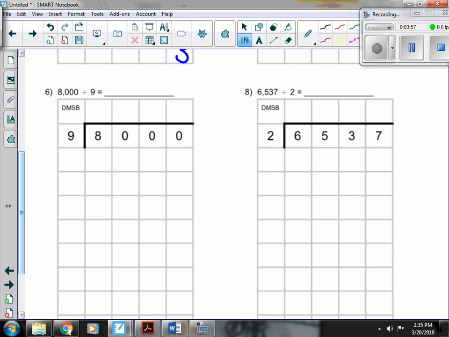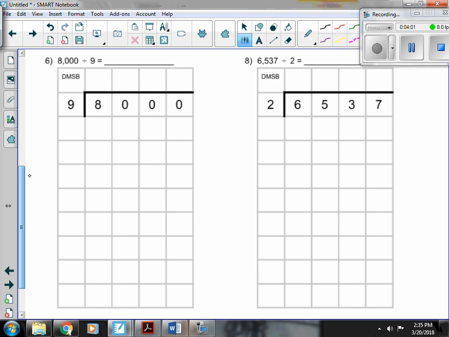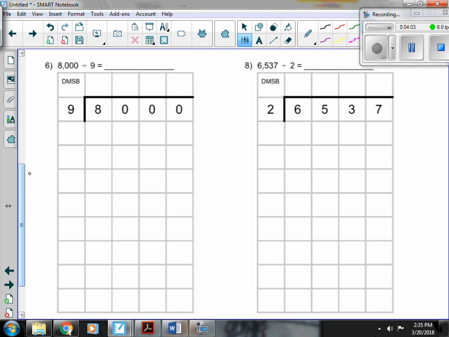My next two get a little bit bigger just to practice. 9 can't go into 8. 80. 8.